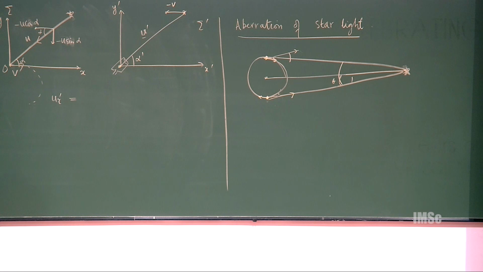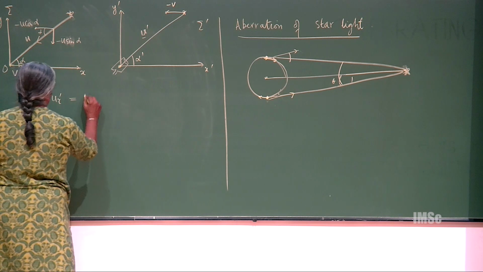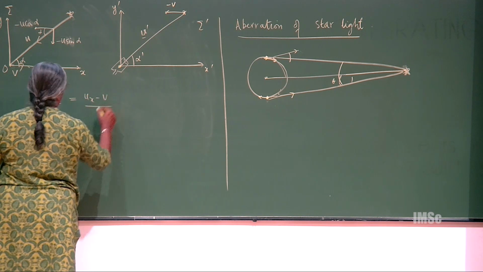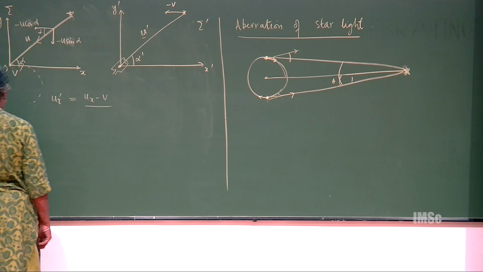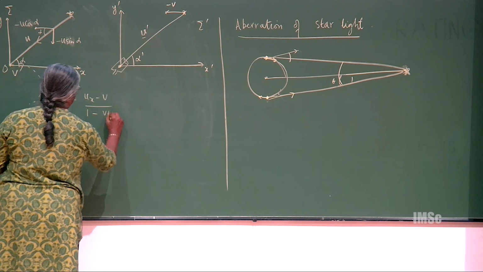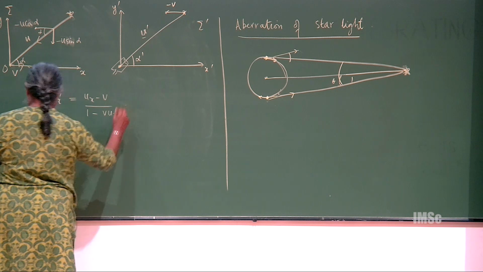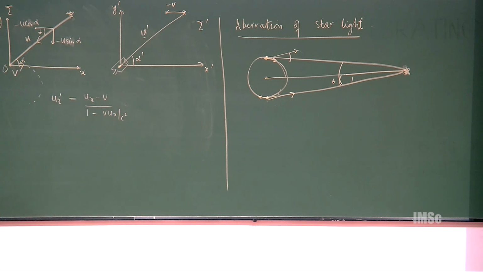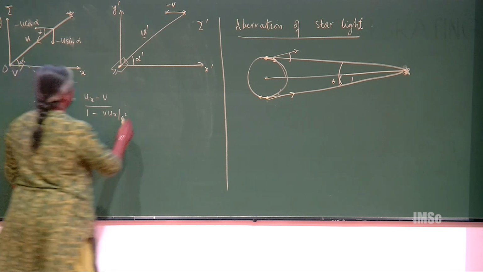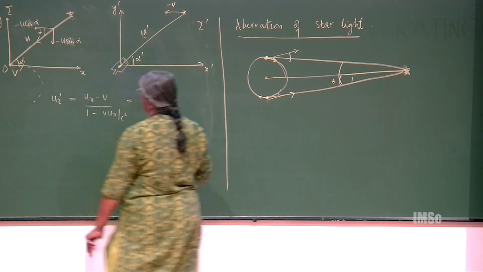So let me just apply them. So ux prime is ux minus v by 1 minus v ux by c squared. What is the x component of u? That is minus u cos alpha.